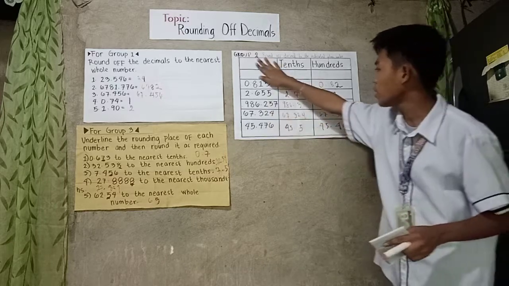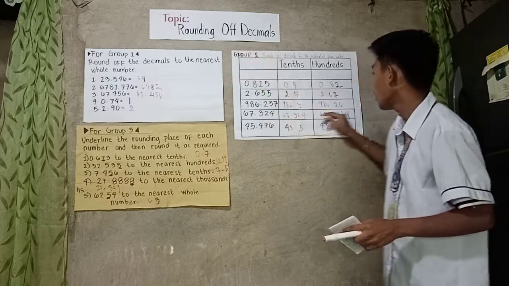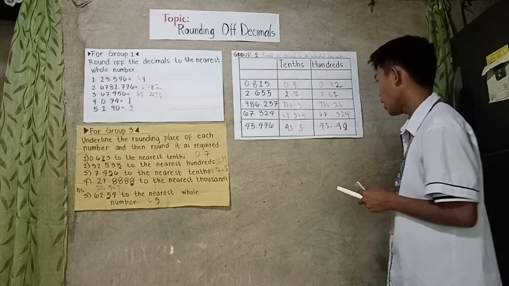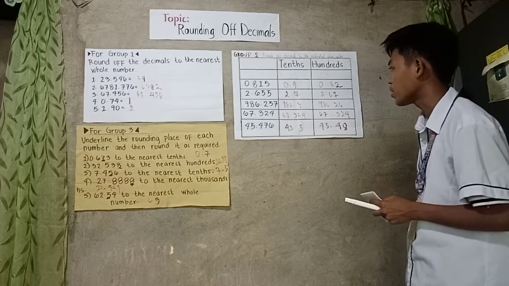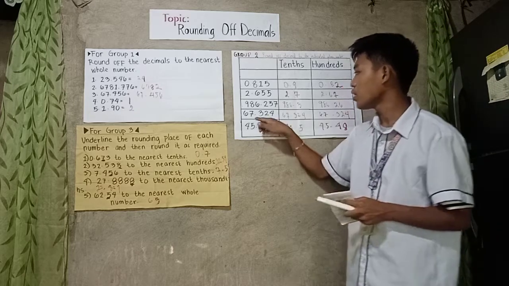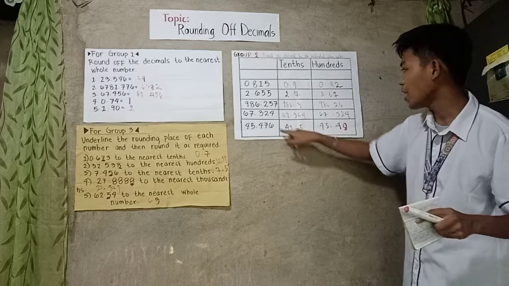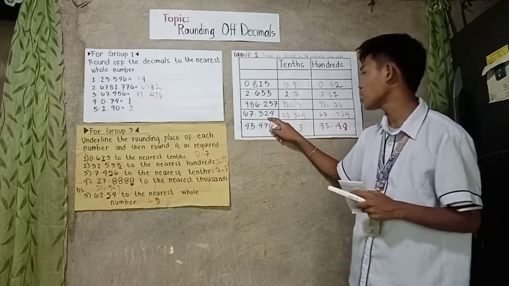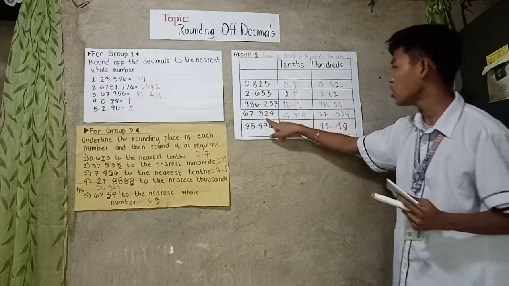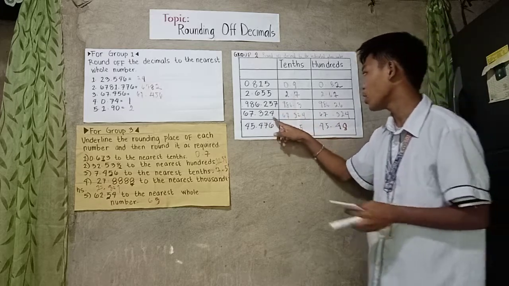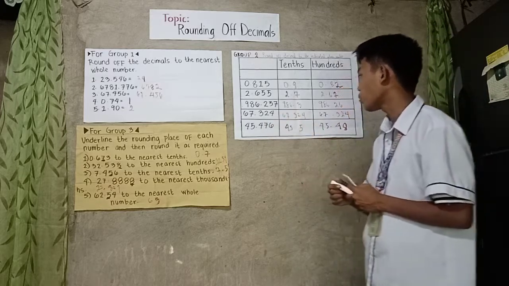So from 986.257, it will become 986.26. Next is 67.324. So we are to round the tens. So ones, tens. So 2 is the tens here. Since the digit next to the tens is 4, which is smaller than 5, it will still be the same.